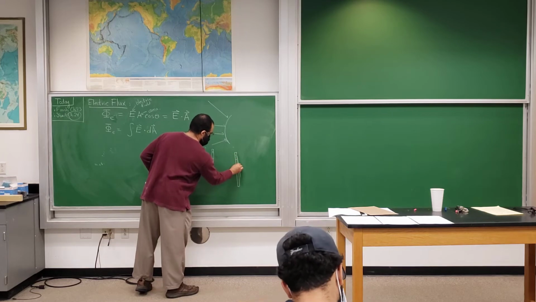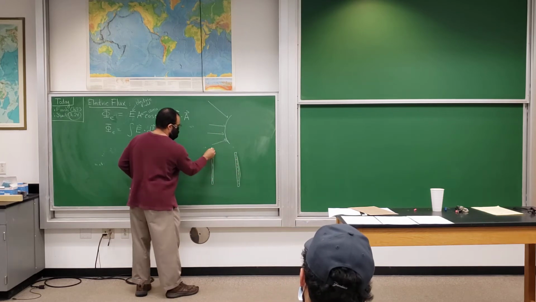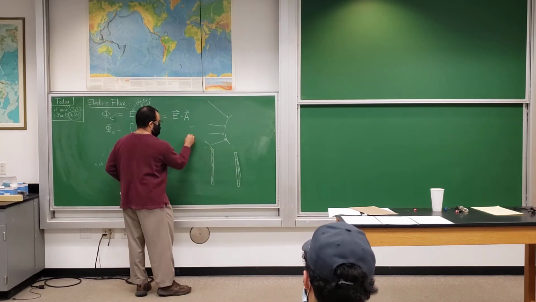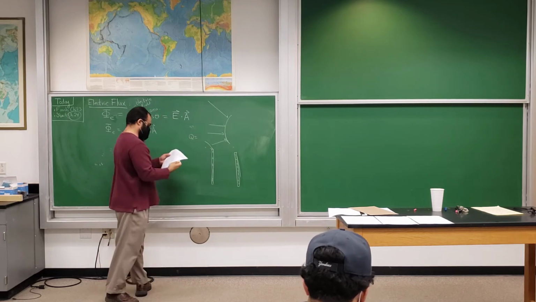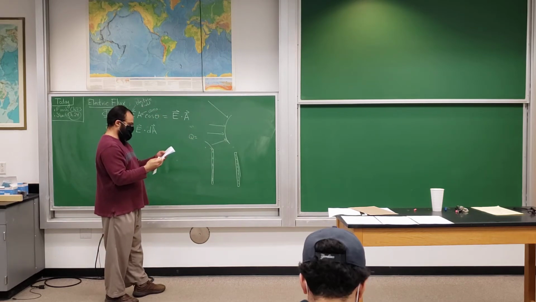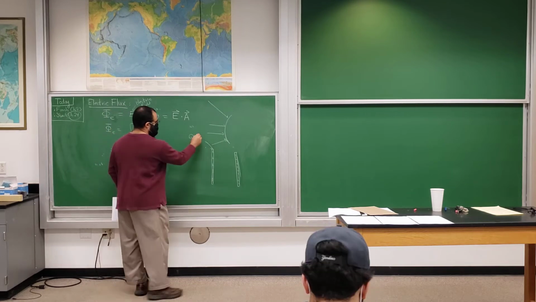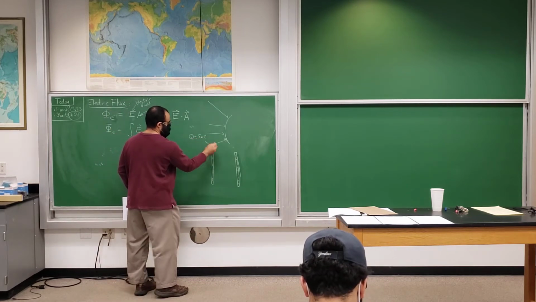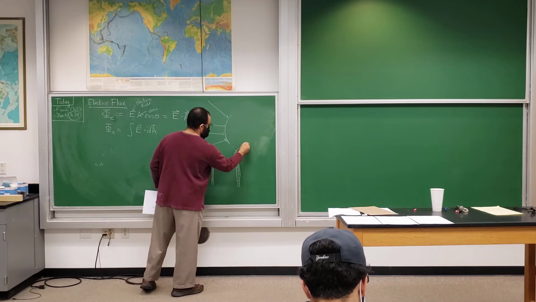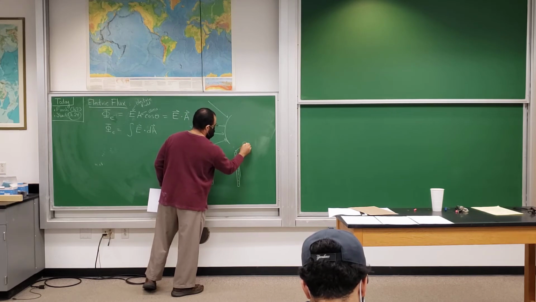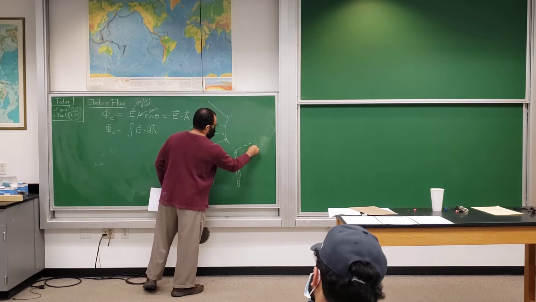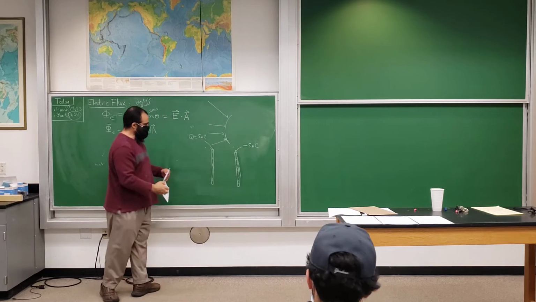So this side has a charge Q equal to 5 nanocoulombs, and this side has a Q of minus 5 nanocoulombs. So they're the same charge, but one is plus, one is minus.